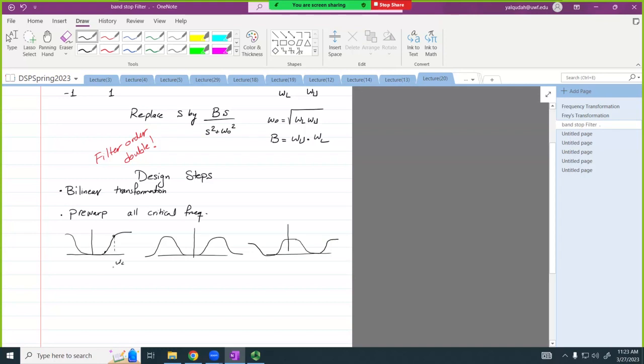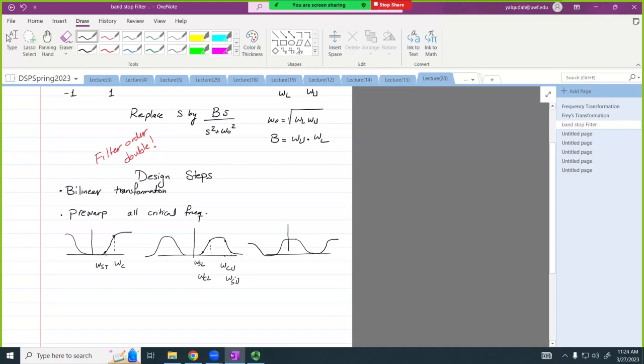So this is going to be our cutoff frequency, omega cutoff. This is going to be our omega stop. If we have a bandpass filter, this is going to be our omega stop lower. This is omega cutoff lower. This is going to be our omega cutoff higher or upper. And this is going to be our omega stop upper.